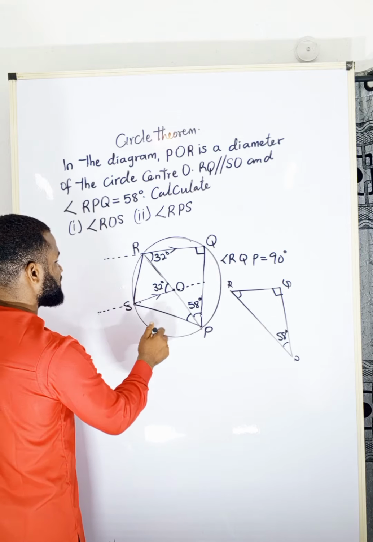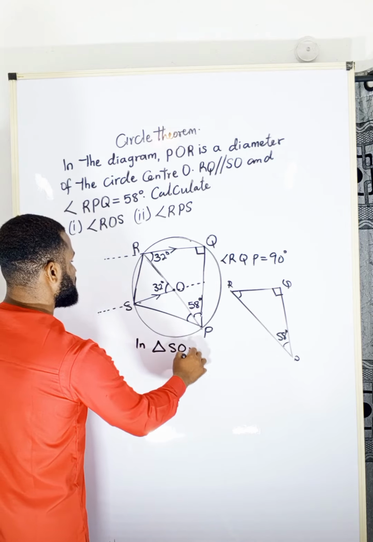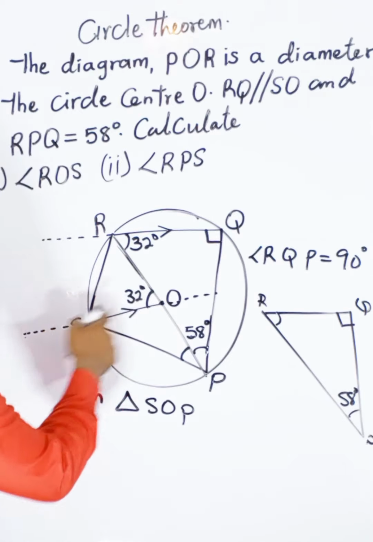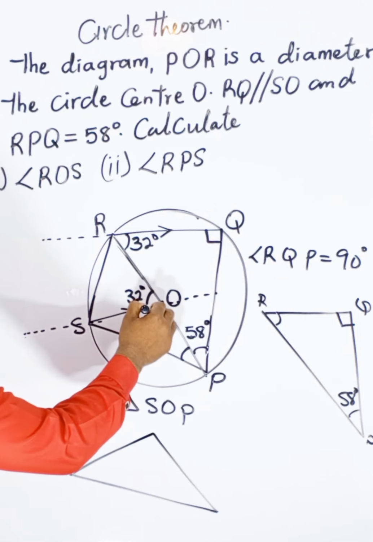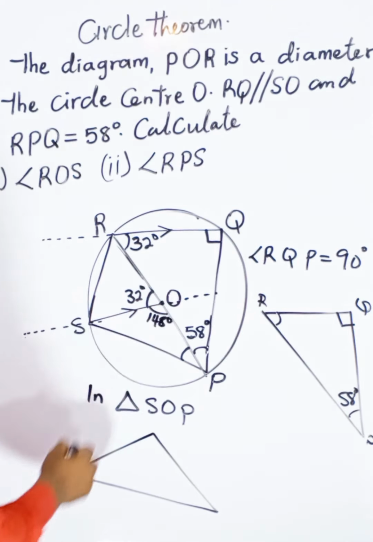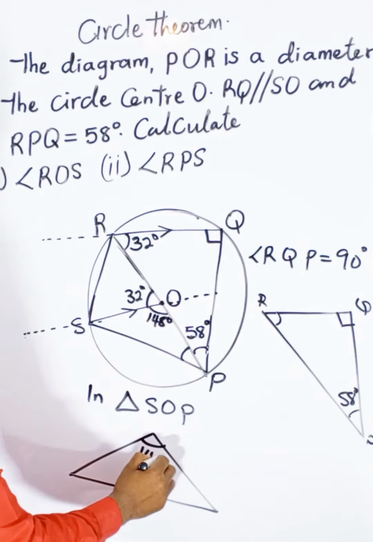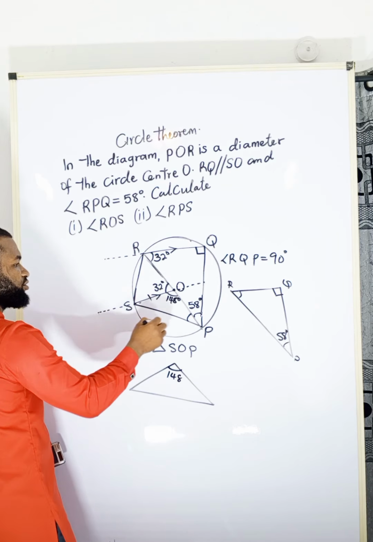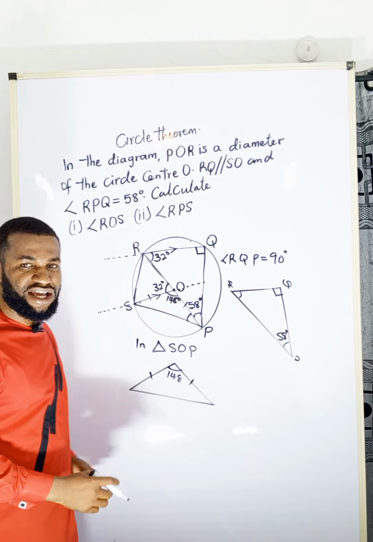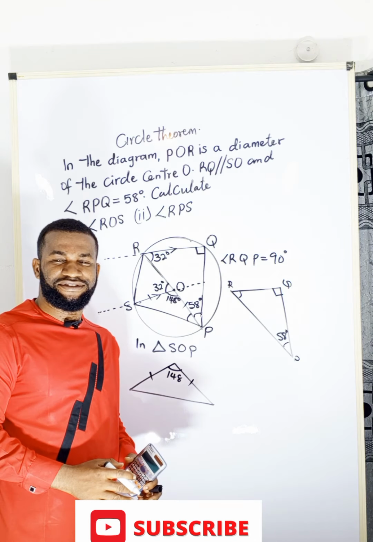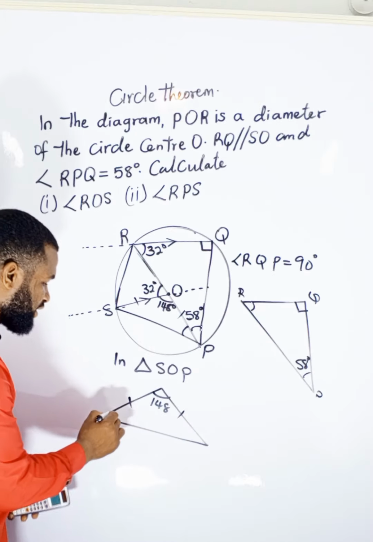But how I can find this is simple. I can find this place by saying, remember this place in triangle SOP, this one now. This angle on the straight line is going to be 148, because 180 minus 32 is 148. Now, from here to here is a radius. From here to here is also another radius. Therefore, this triangle is an isosceles triangle, and whenever you have an isosceles triangle, the base angles are the same.